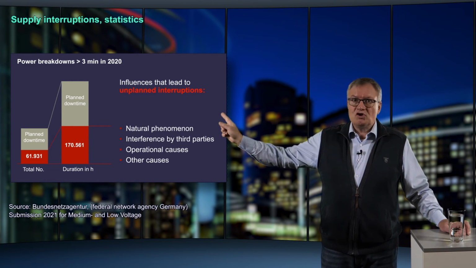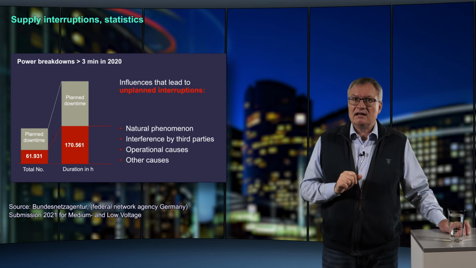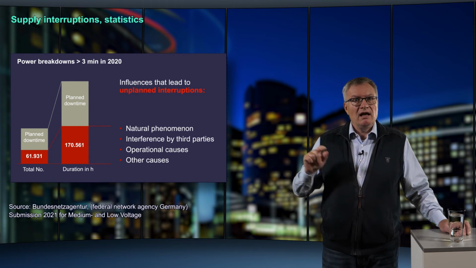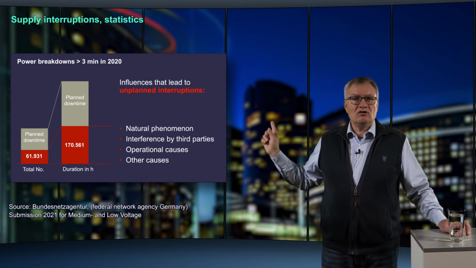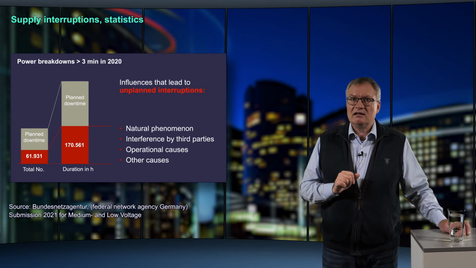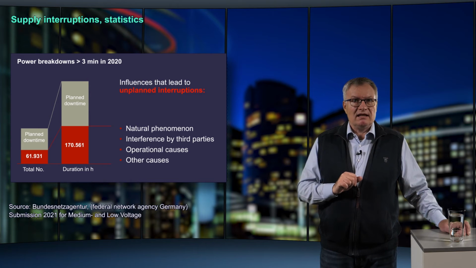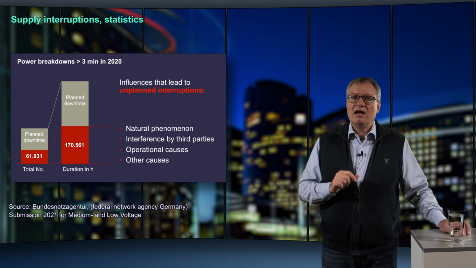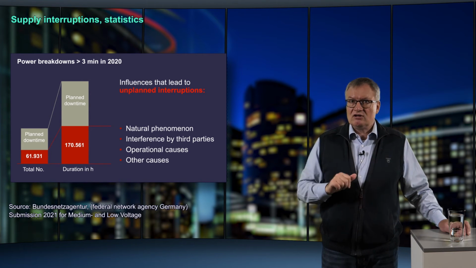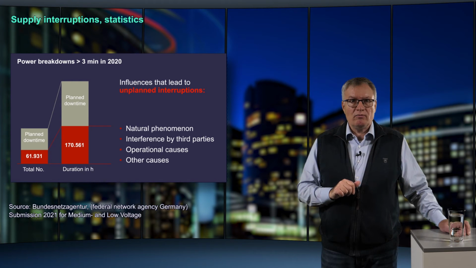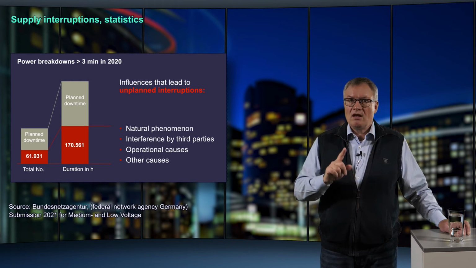The graph shows the ratio of planned and unplanned interruptions, as well as the number and total duration of unplanned interruption in hours. In comparison to the previous year, the average interruption time has decreased, but the total number of reported disturbances has increased.